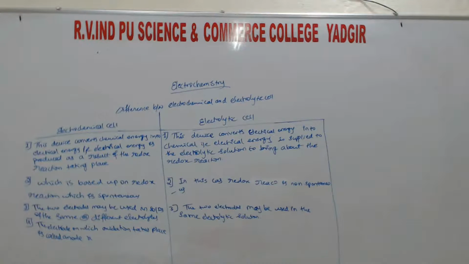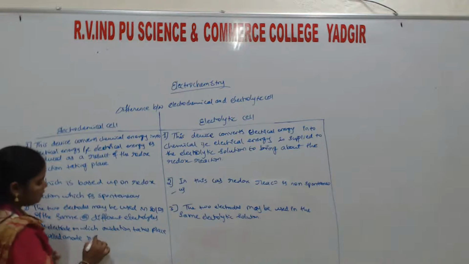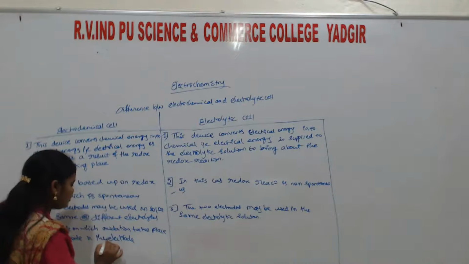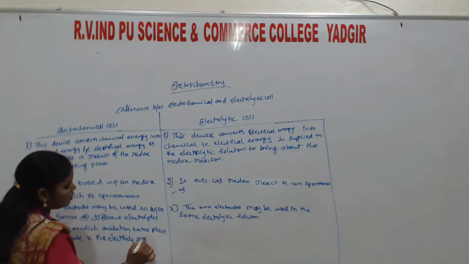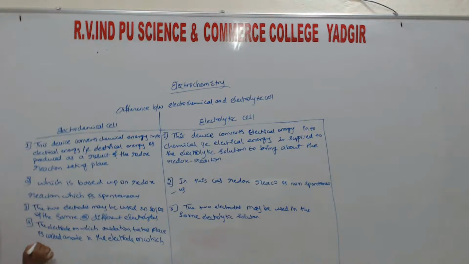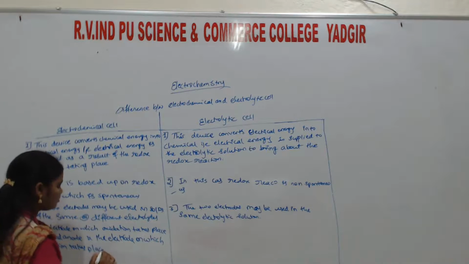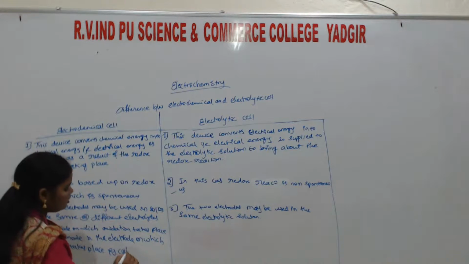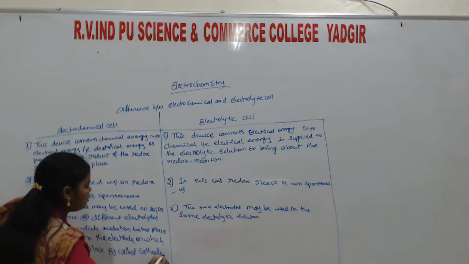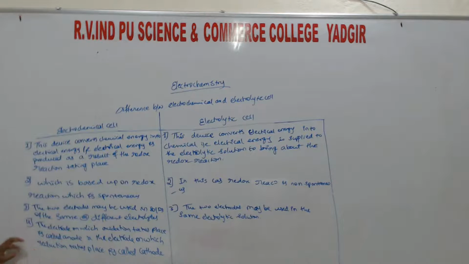The electrode on which reduction takes place is called the cathode.